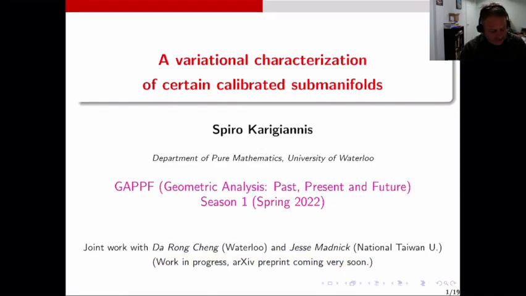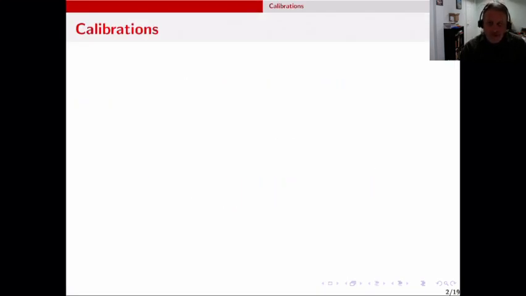So let's get started. Even though I know many of you know what calibrations are, I'm going to review it anyway, especially because I'm going to slightly weaken the definition of calibrations for our purposes. So here's the setup. We have an n-dimensional Riemannian manifold, and we have a smooth k-form on this manifold called alpha.